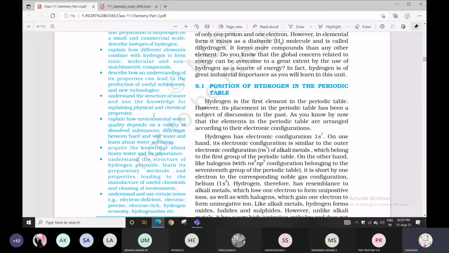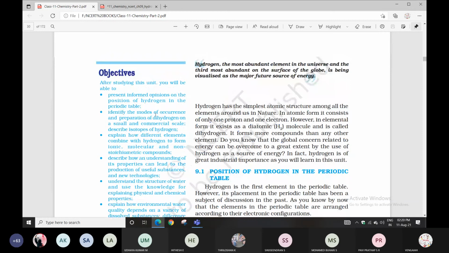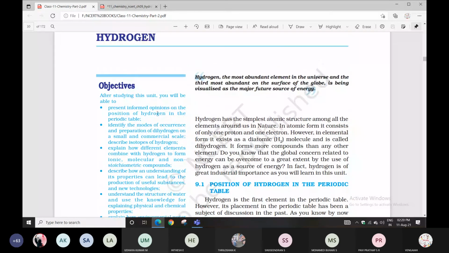So this chapter, what we studied, I will explain once again. Hydrogen is the most abundant element in the universe and the third most abundant on the surface of the globe. After studying this unit, what will you be able to do? Look here once again.